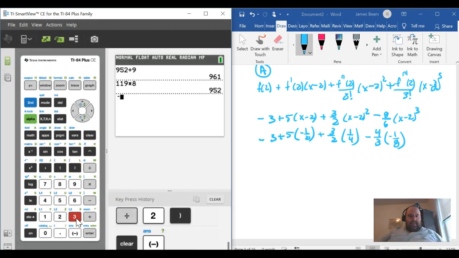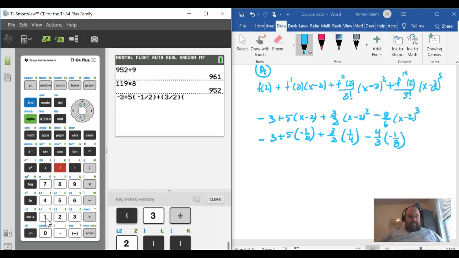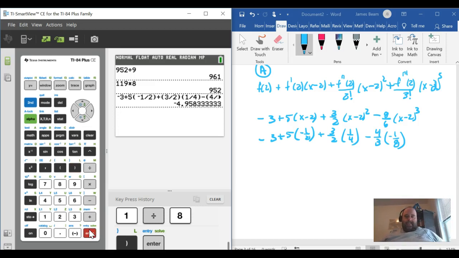So let's go -3 plus 5 times -1/2, plus 3 halves times 1/4, minus 4/3 times -1/8.